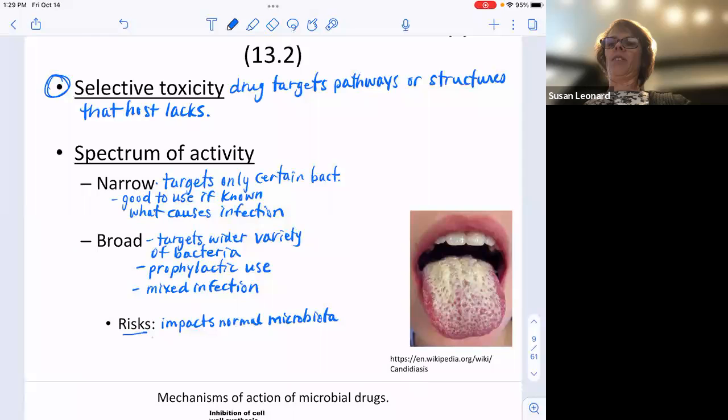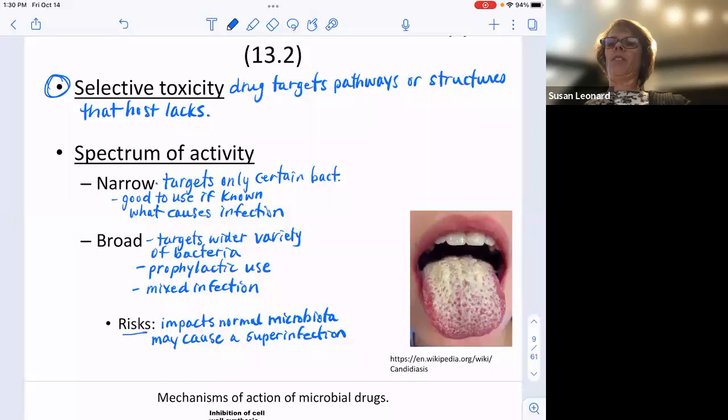When some of your normal flora are knocked back and not present in the numbers that they usually are, that's potentially going to cause what we call a superinfection. And that just means one organism that's normally part of your normal microbiota in small numbers is allowed to proliferate more than it normally does because other organisms in your normal microbiota are killed.